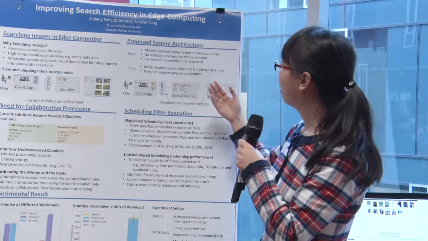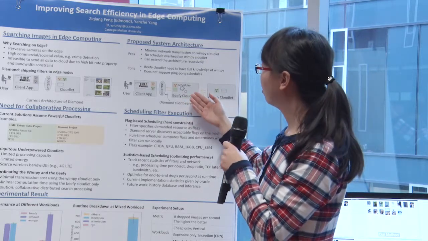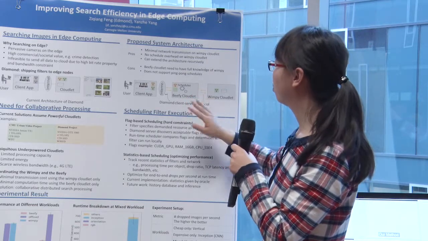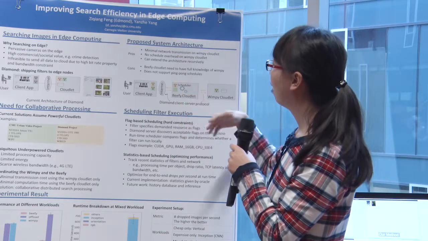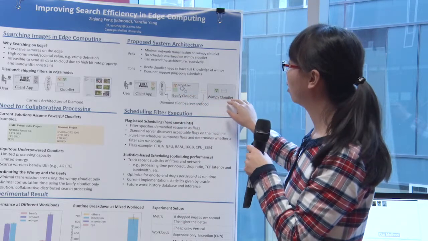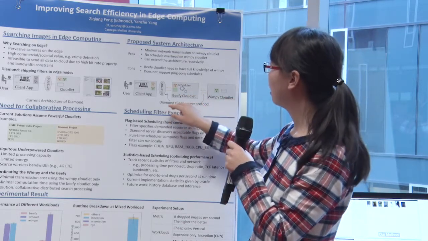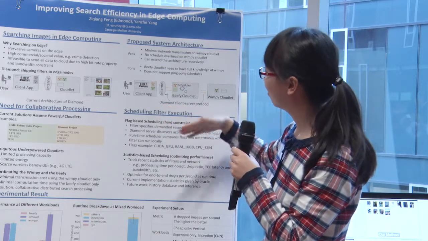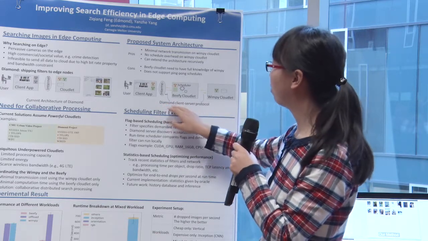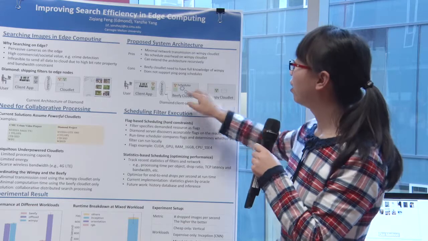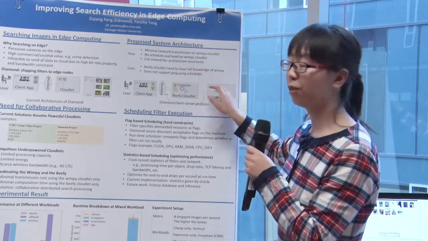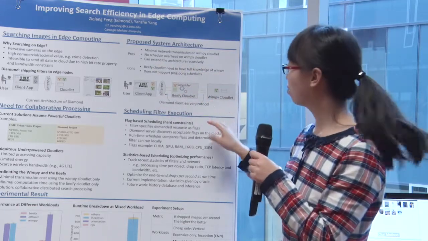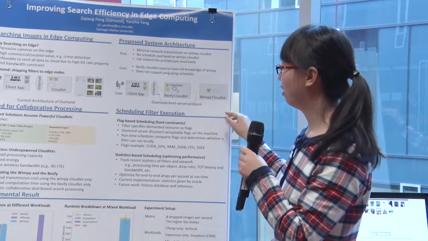By running the scheduler on the pervasive cloudlet, we don't burden the wimpy cloudlet with this overhead work. And actually, we implemented the Diamond client-server protocol, so it can extend the architecture recursively. It's not constrained to only these two layers.